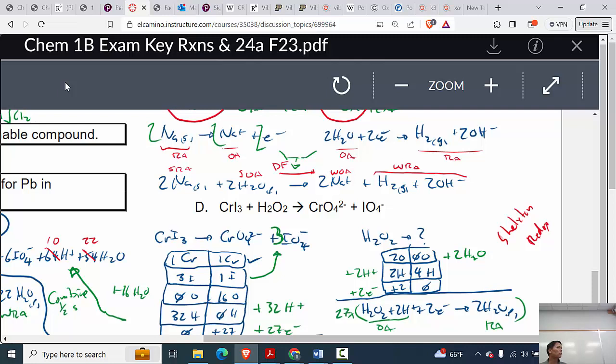The chromium got oxidized to the max. The max is +6, and the iodide got oxidized to the max. The max on iodide is +7. And so you need a powerful oxidizer to do that, and we have a powerful oxidizer. The powerful oxidizer in this case is hydrogen peroxide.